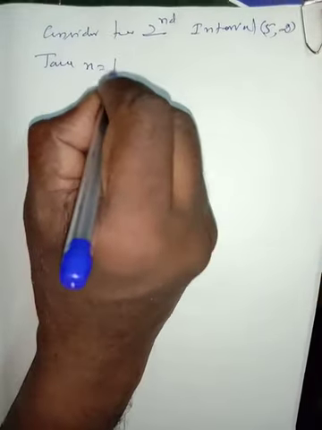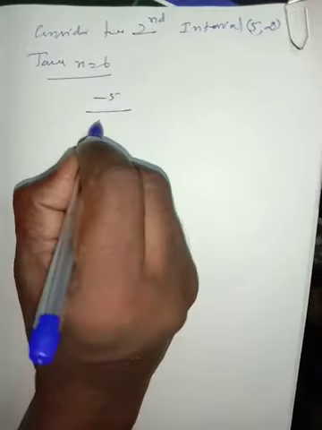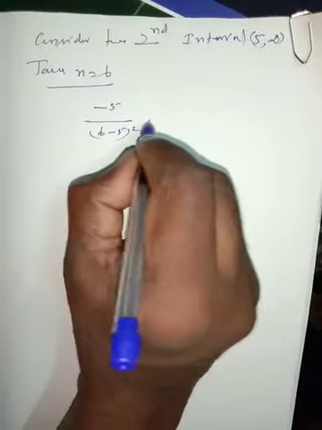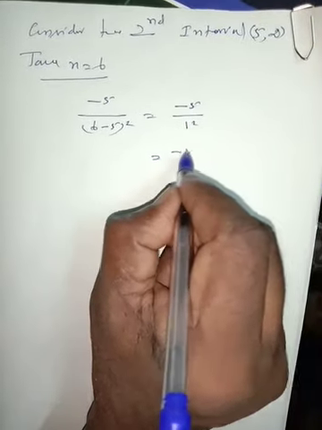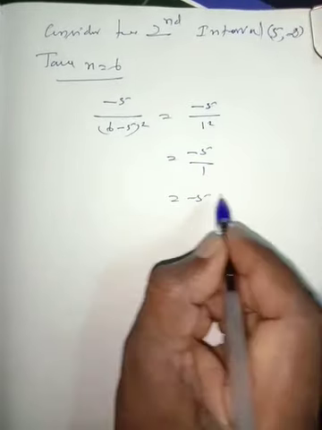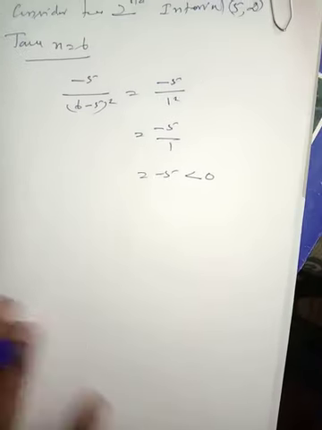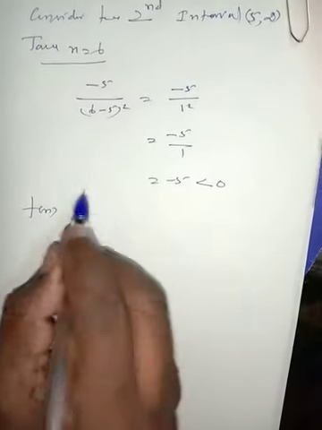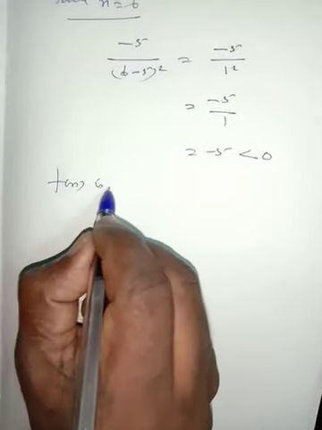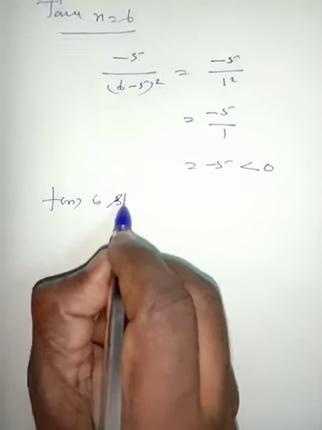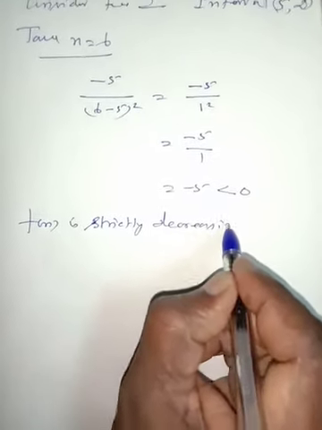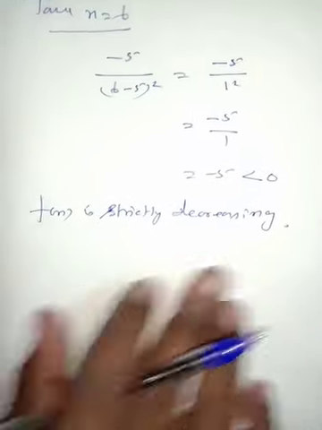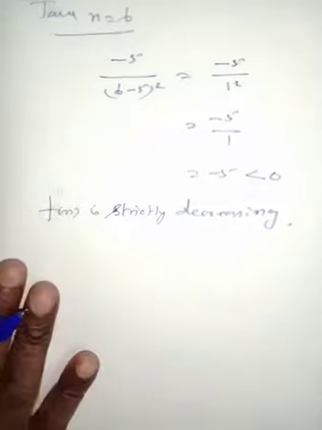Take x is equal to 6: minus 5 divided by 6 minus 5 whole square is equal to minus 5 divided by 1 square, which is minus 5, which is less than 0. This means that f of x is strictly decreasing.